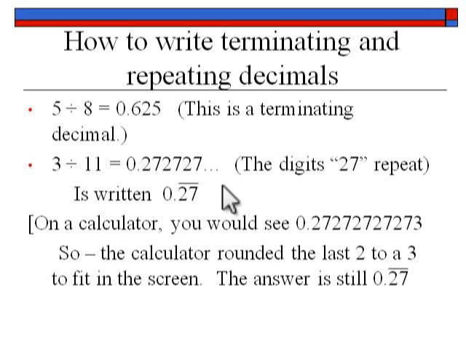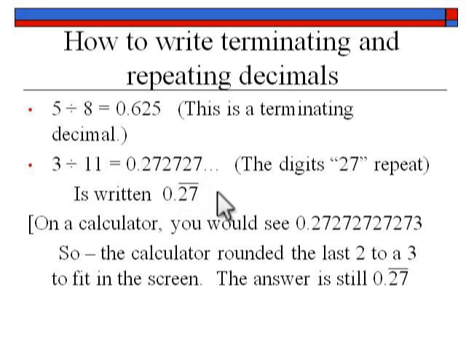If it was one number that repeats, like 1/3, it would be 0.33333 repeating. So we would have a bar over just a 3 because the 3 is what repeats. In this instance, it's two numbers that repeat, 27, 27, 27. So we put the two numbers with one bar over them.